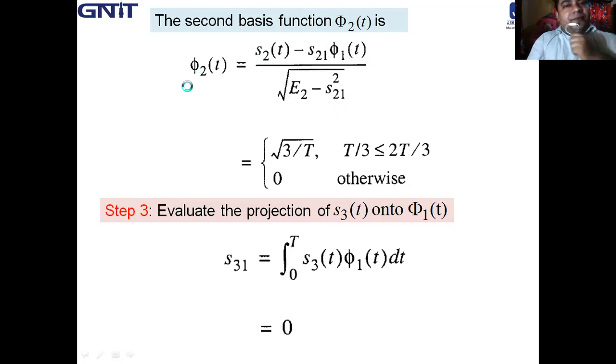Therefore, we already know the values of S2(t), S21 and phi 1(t). Similarly, the energy of the signal is E2.